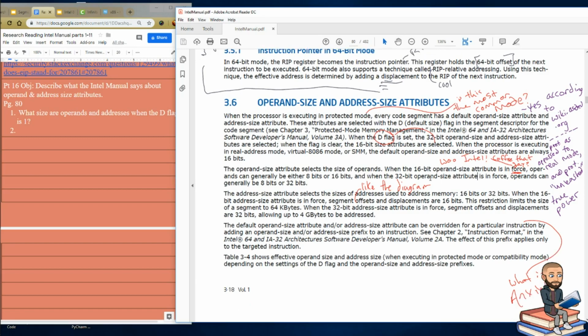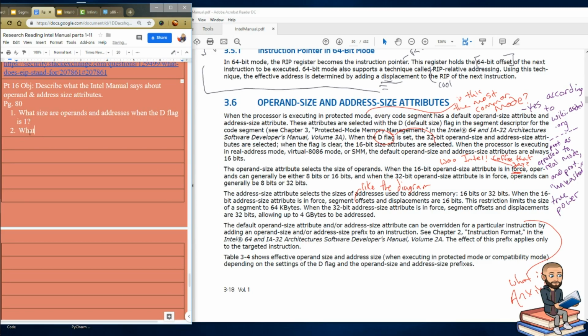But regardless, when you're using these 16-bit sizes, operands can generally be 8 bits or 16 bits, and when in 32-bit operand size attribute is in force. So that's kind of a weird wording right there. Instead of saying when in protected mode, the 32-bit operand size attribute is in force, operands can generally be 8 bits or 32 bits.